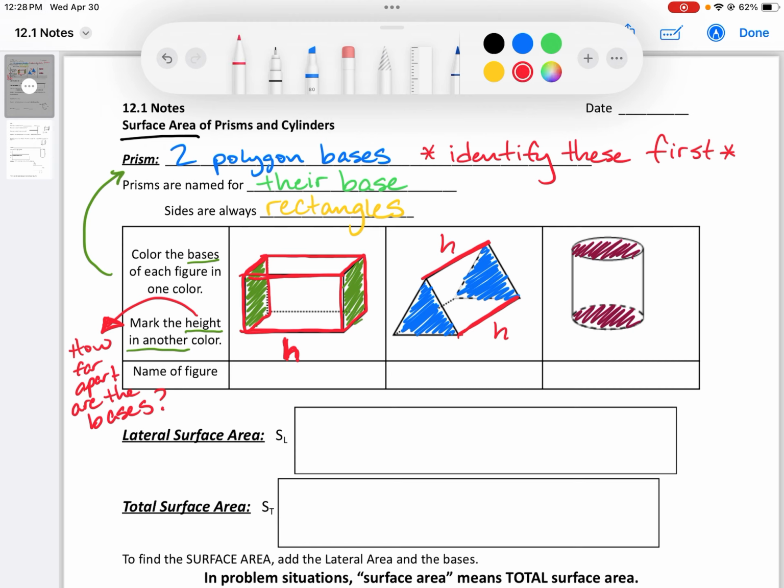I'm going to shade it in. Those are my bases, and then I'm going to ask myself, how far apart are they? Because that number is my height. And then lastly, we need to name these. So our first one, it has square bases. So it is a square prism.